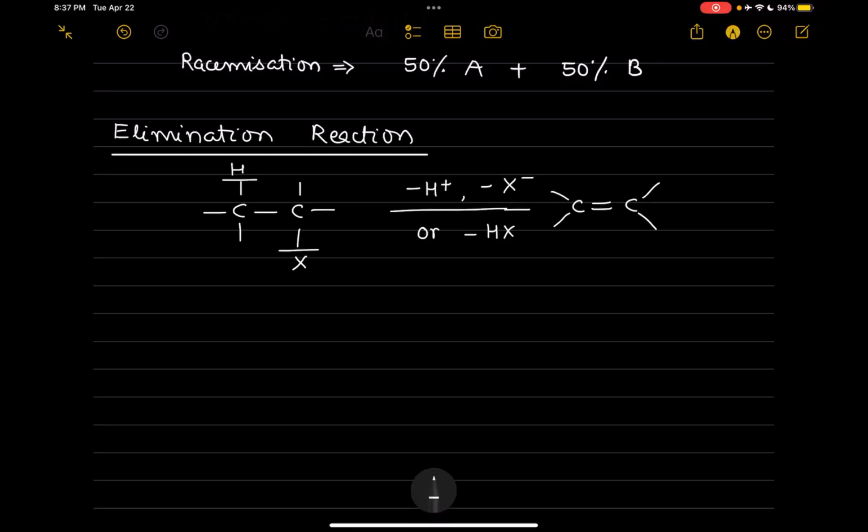So you are having this double bond, and this elimination is known as 1,2 elimination, because the adjacent carbons are numbered as 1 and 2, or it can be called alpha beta elimination.